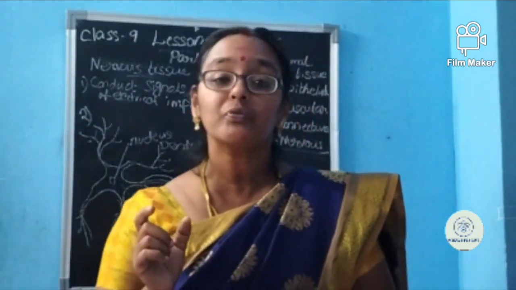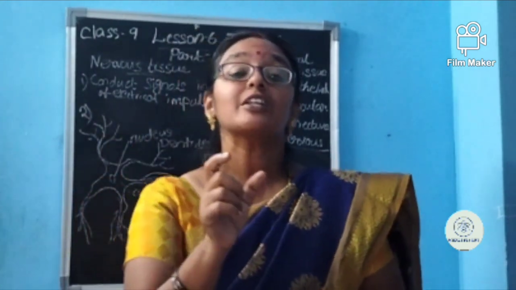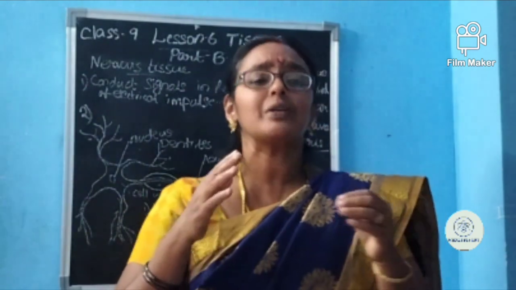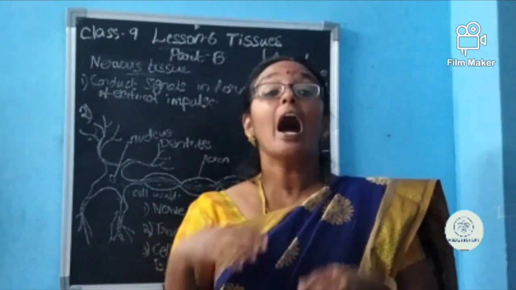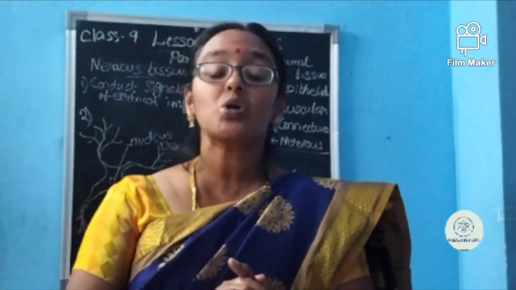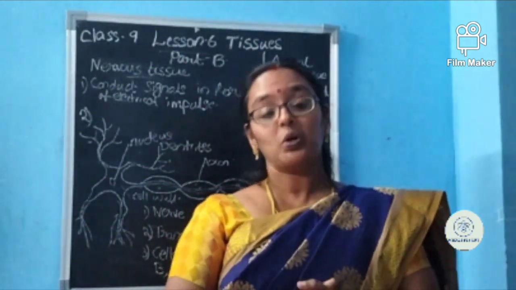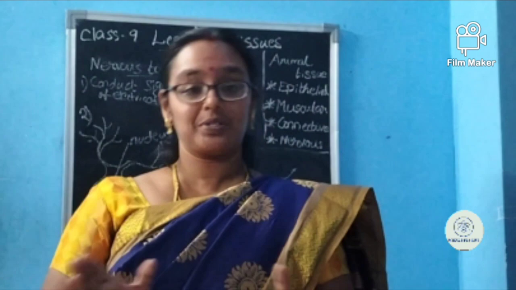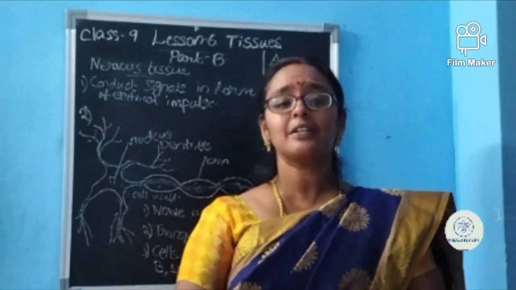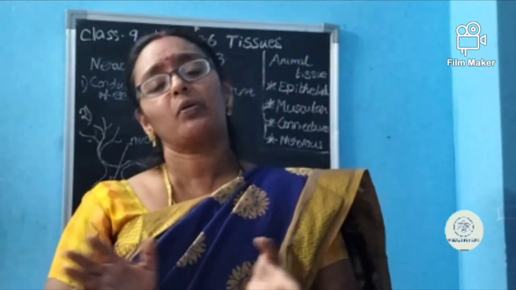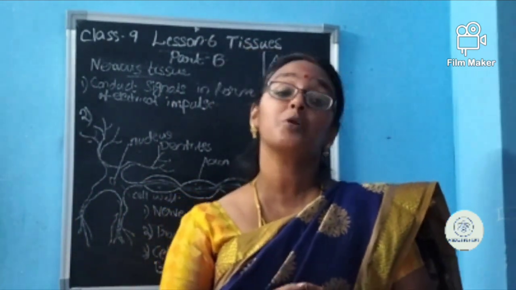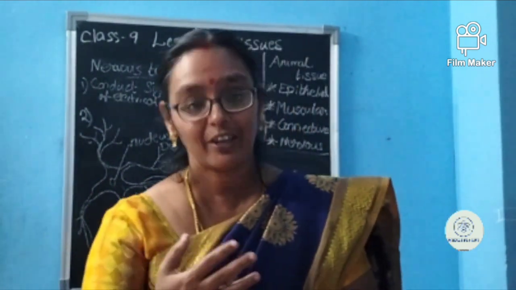It is actually called response to stimulus. When a stimulus is active, we will respond to it. How is it possible? This is because of the nervous system, which includes brain, spinal cord, and nerves. Nerves are present in all parts of the body. That's why we have such a feeling. This is the response to stimulus.